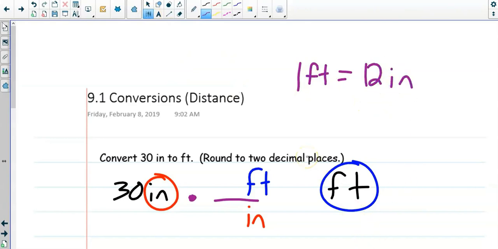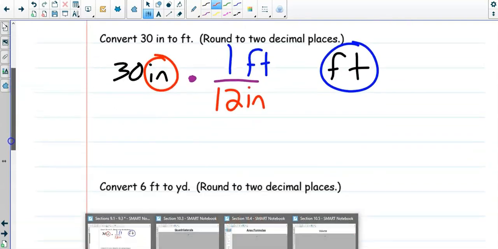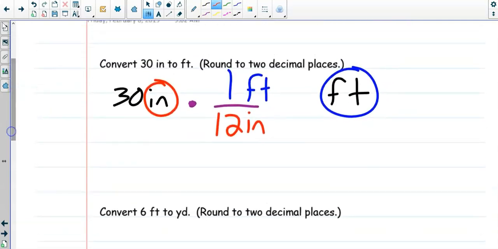So the 1 must go with the label of feet. So in the top, that's a 1. The 12 must go with the label of inches. So in the bottom, we have 12. That's the unit fraction for this one. And now all you have to do is multiply. If you don't know how to multiply fractions, just go to your calculator.